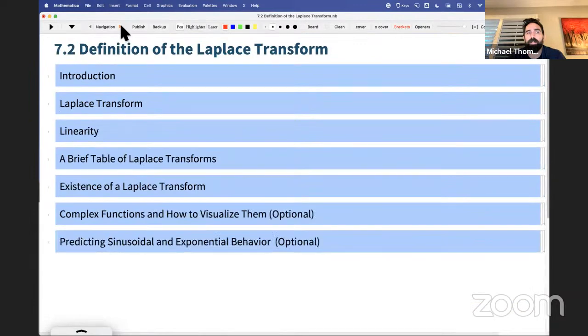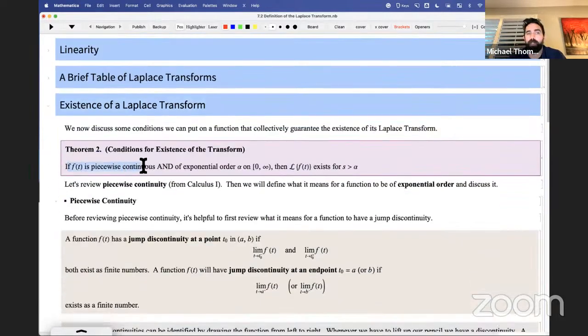In this section, we also discussed the linearity of the transform, which is really helpful. And we also discussed the existence of the Laplace transform. There's a couple of conditions that you can put on the function. If the function is piecewise continuous and has exponential order alpha, then the Laplace transform exists for s greater than alpha.